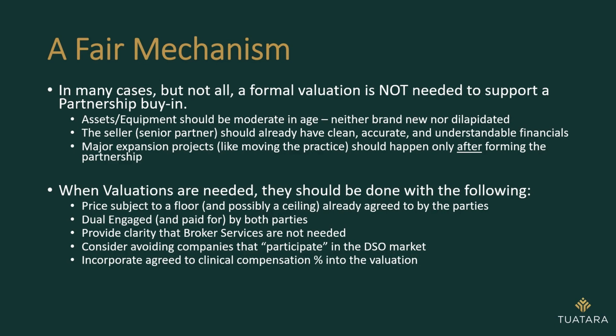So you've agreed that you will keep using 32% for both of you. Once the buy-in occurs, you should pass that percentage along to the valuation company and have them incorporate that in, or, because sometimes they won't, you would let them know and document that you and your partner have agreed to use that, and that for the purposes of your partnership transaction, you will make an adjustment for any compensation percentage used by the valuation company that is different than that 32%.